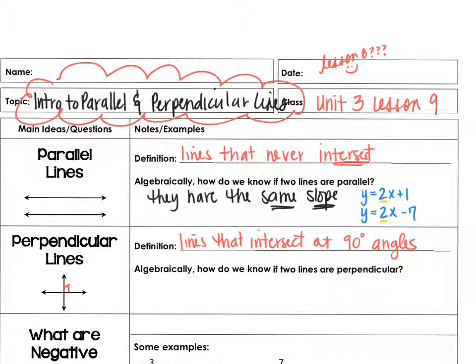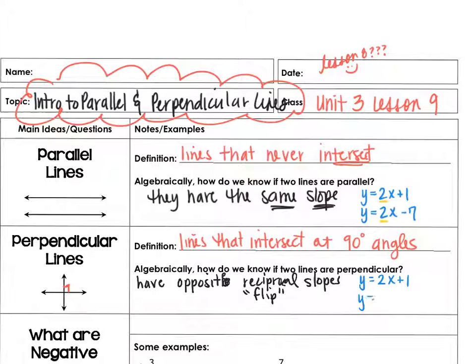Well, perpendicular lines have opposite reciprocal slopes, or opposite flip slopes. So meaning, if I have one line called y equals 2x plus 1, then a perpendicular line to that would be y equals negative 1/2 x, let's say, plus 5.